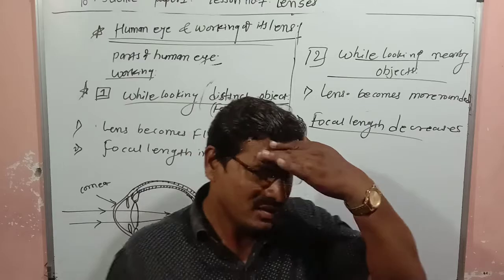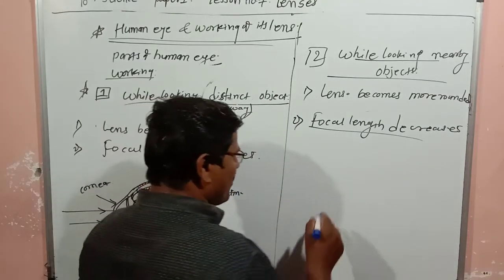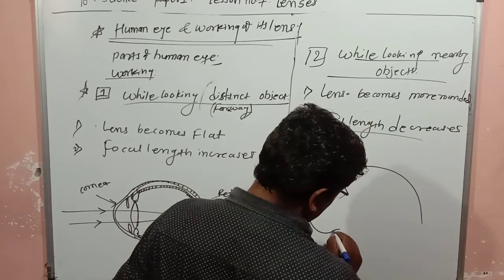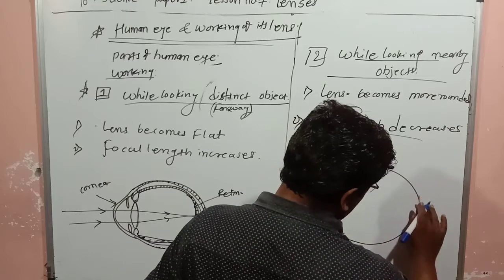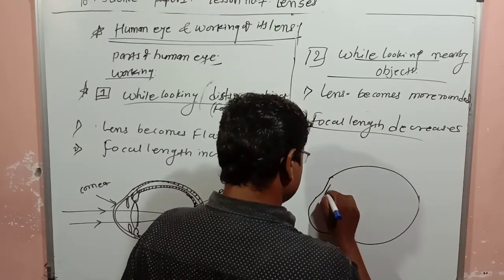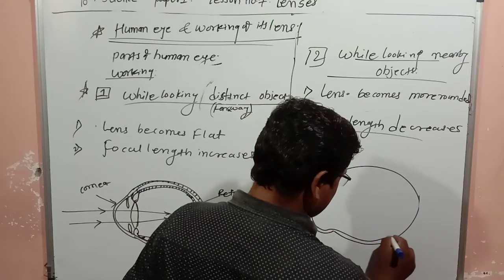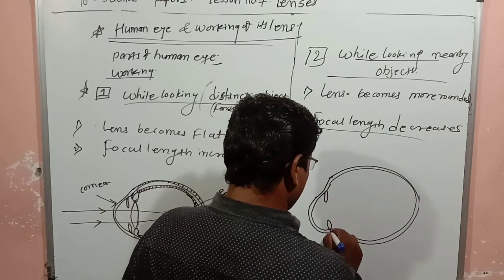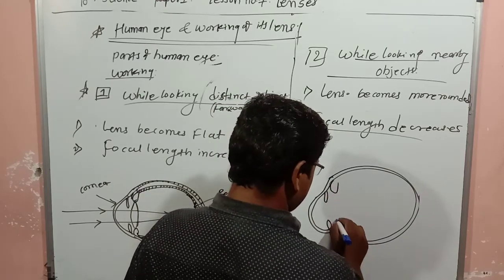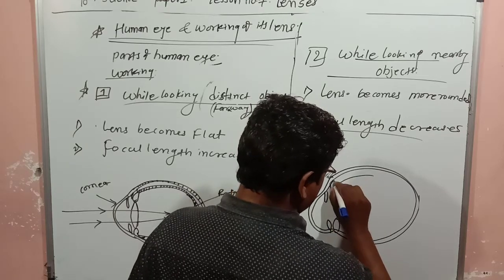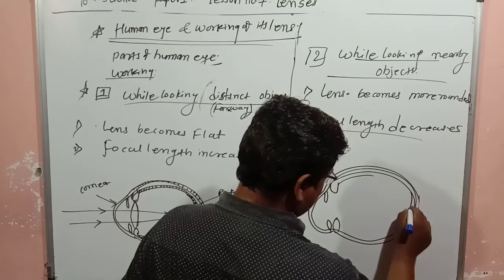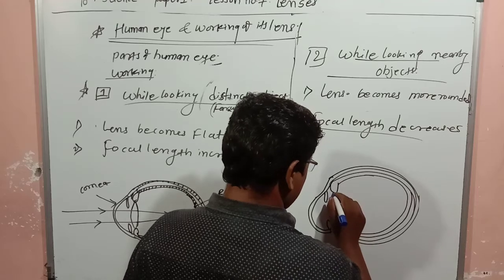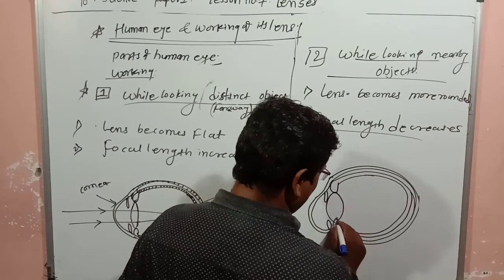The next thing is, here you also have to draw the diagram. Suppose you are drawing the human eye like this way. This will be the iris. And this lens will become rounded.